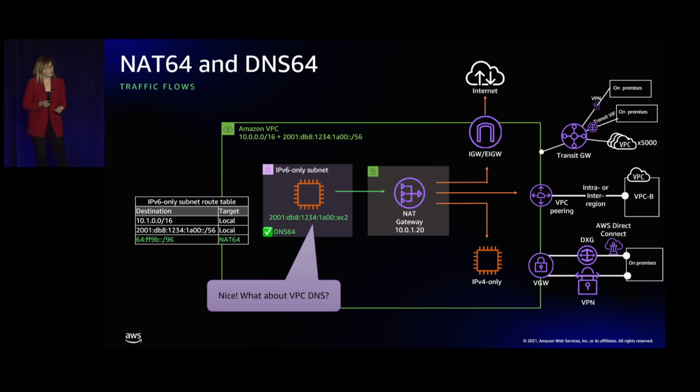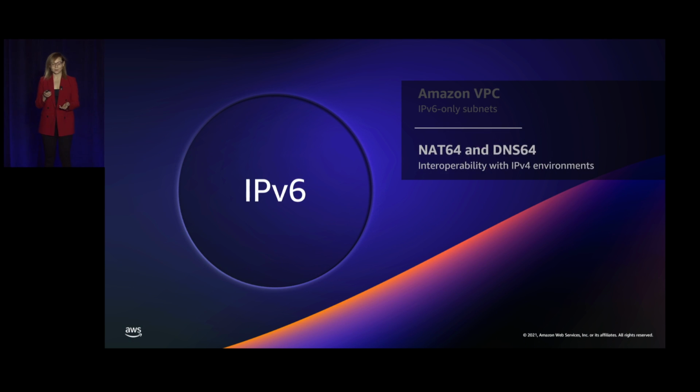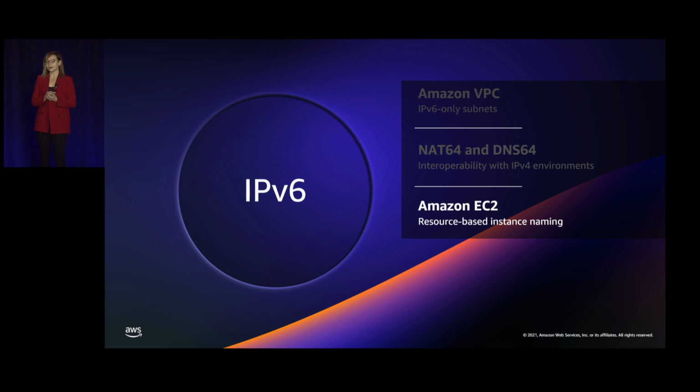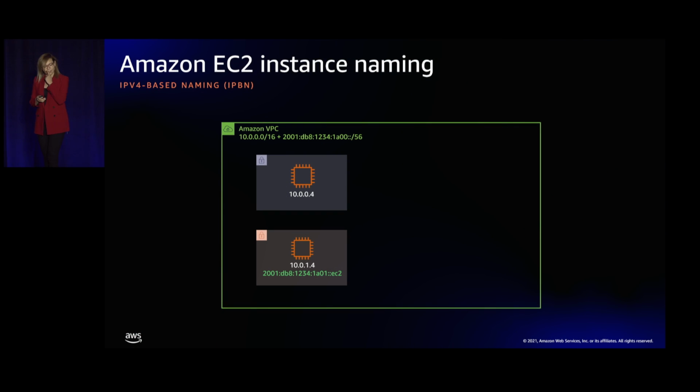Now, what about DNS in the VPC? Well, what about it? We have the new capability of resource-based naming in the VPC. Up until recently, the way in which instances were named in the VPC was with the help of IP-based names.